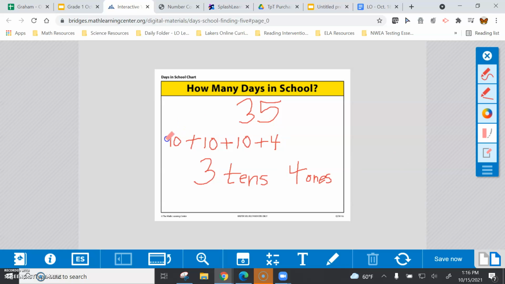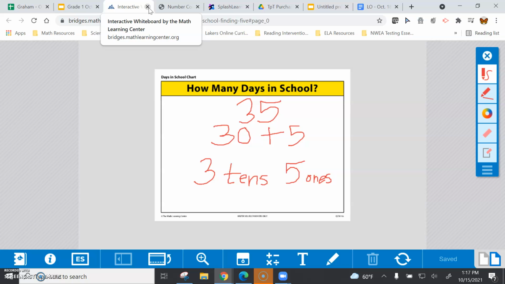Our new math equation is going to be 30 plus 5 to match what we just saw on our chart. And then we'll change that we now have 3 groups of 10 and 5 ones. Great job. Thank you, All-Stars.